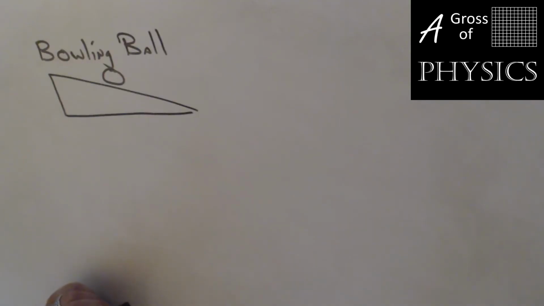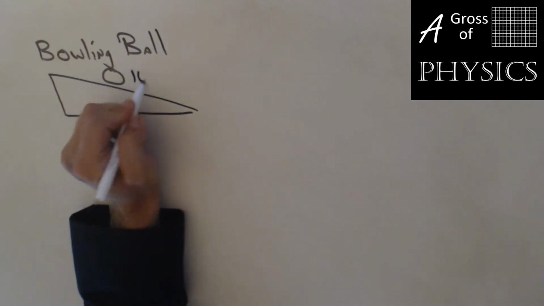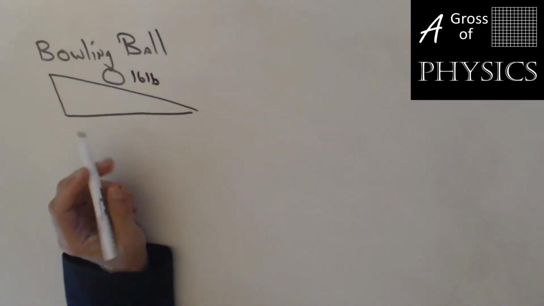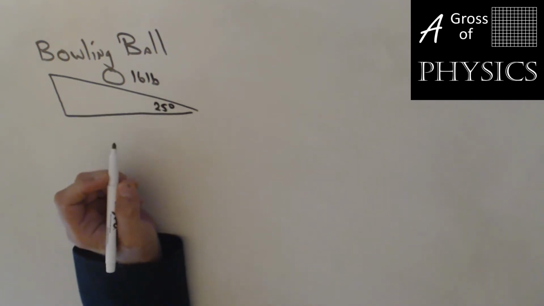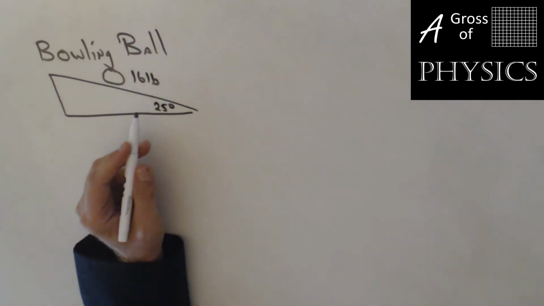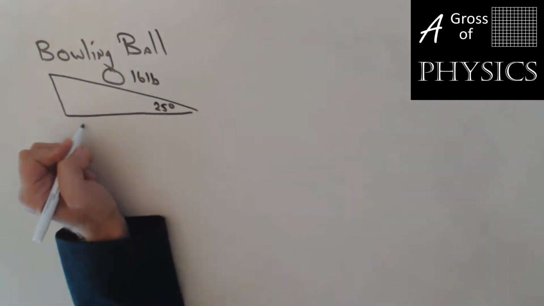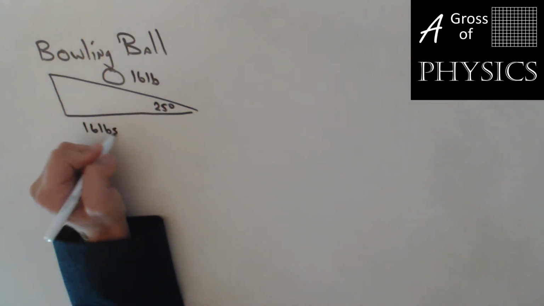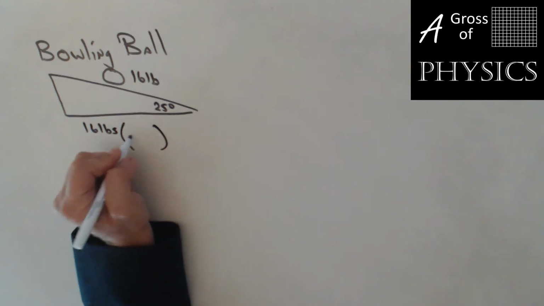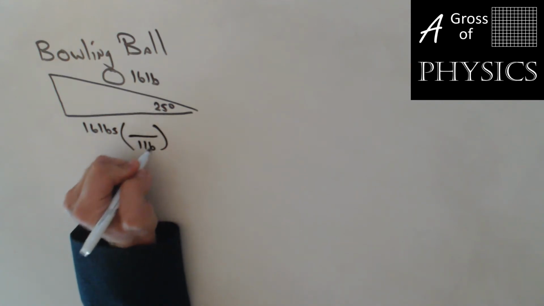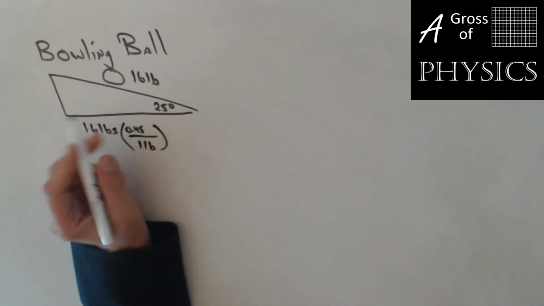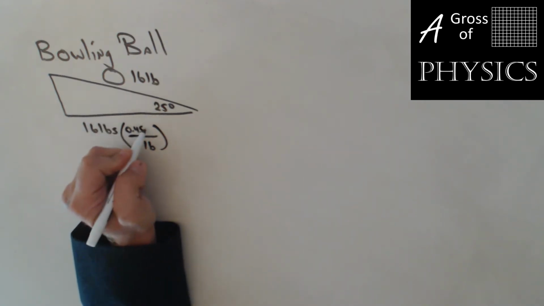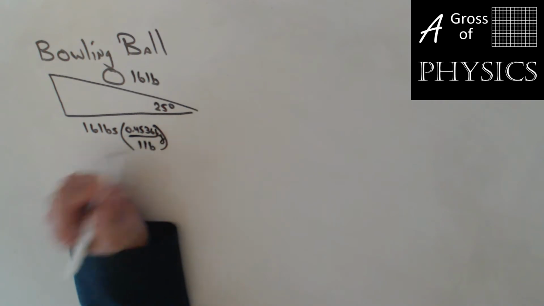All right, now we're going to look at the bowling ball dilemma. And what we have is a 16-pound bowling ball rolling down a ramp, and the ramp has an angle of 25 degrees. Unfortunately, we have 16 pounds, so I want to get rid of that immediately. I'm going to convert to kilograms: 1 pound is 0.4536 kilograms.